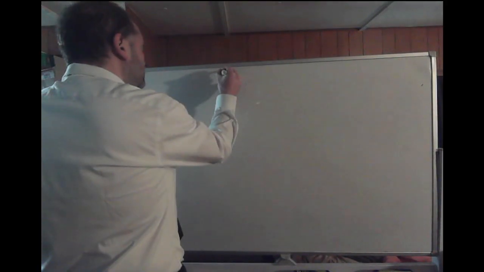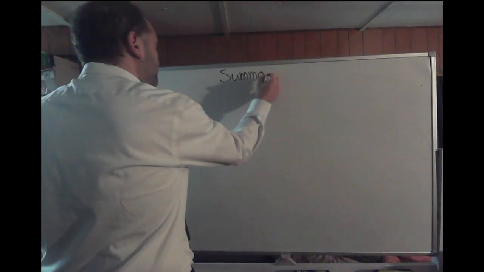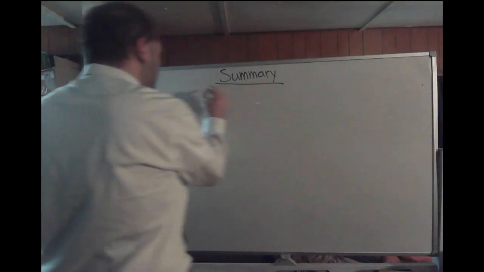And again, we're going to go over a brief recap of what we've learned so far. So here is a summary of what we've learned in this course with proving triangles congruent.